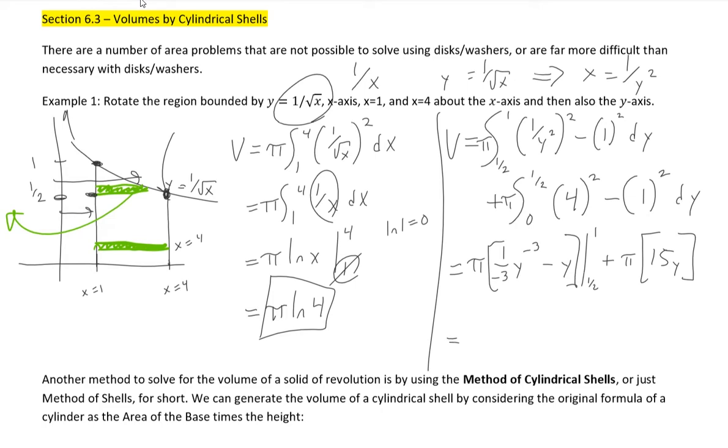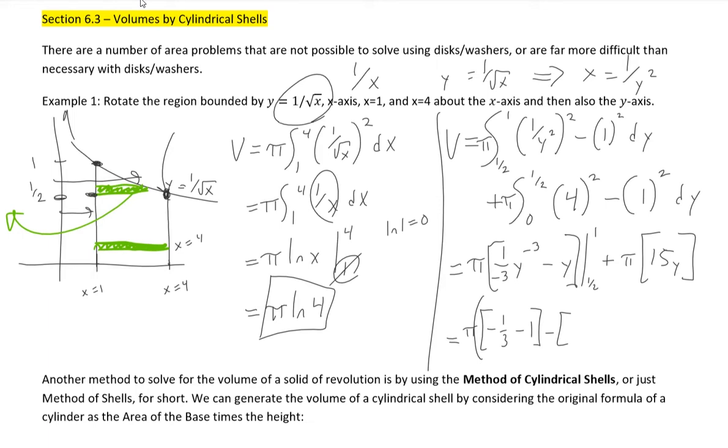Solving for those, if I plug in 1, I get just 1 here times negative 1/3, so negative 1/3 minus 1. And then if I plug in 1/2 into this, I get y to the negative 3 times negative 1/3.